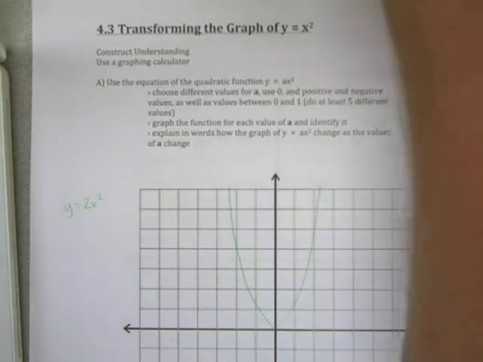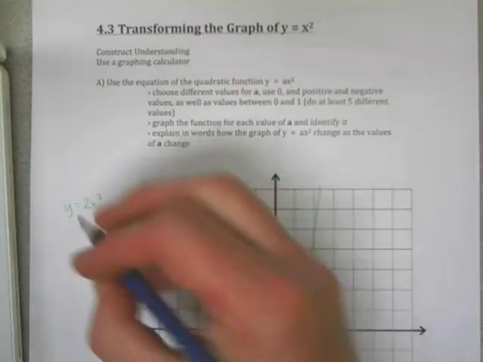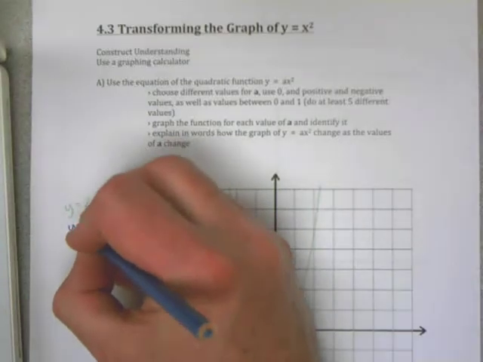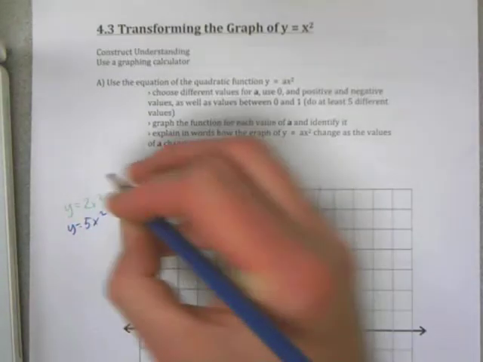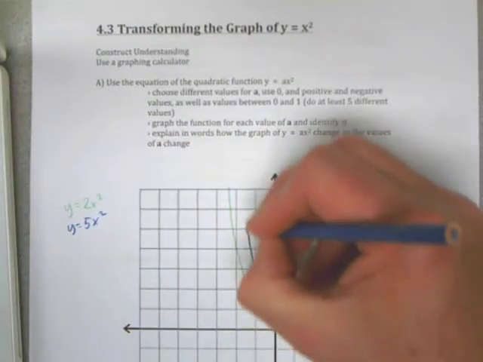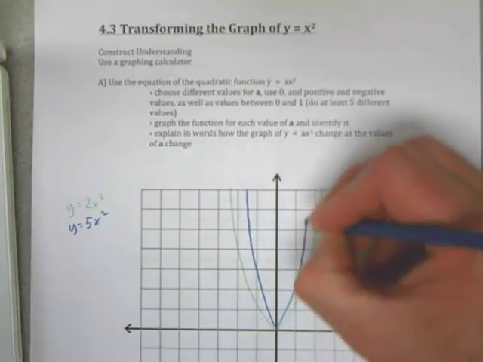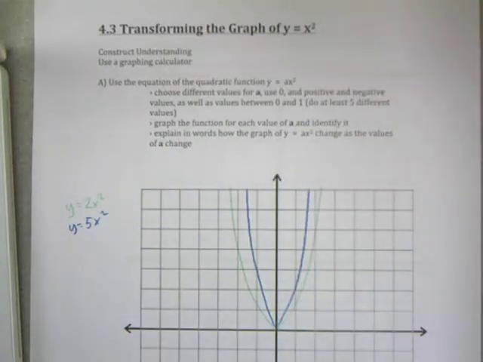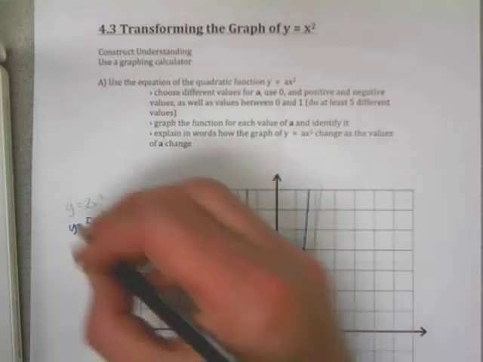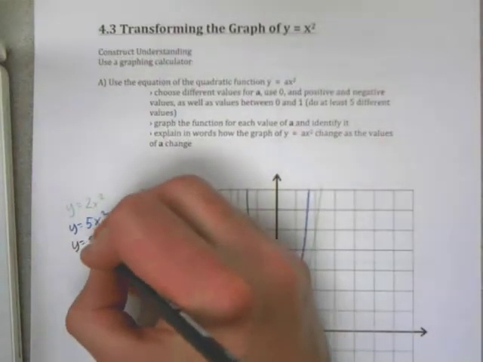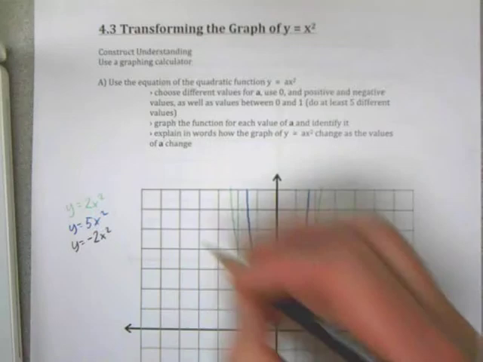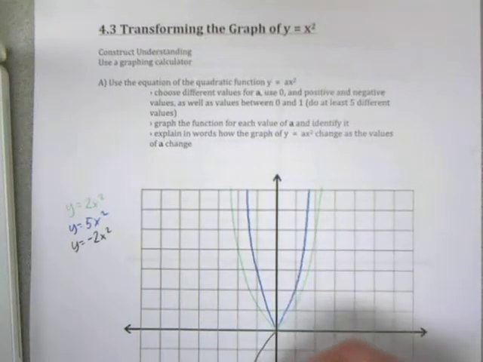And then if I plug in y is equal to 5x squared, I will see that it goes inside it. And if I plug in y is equal to negative 2x squared, I see that it comes down.